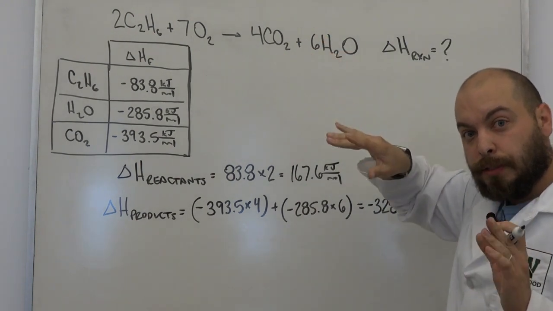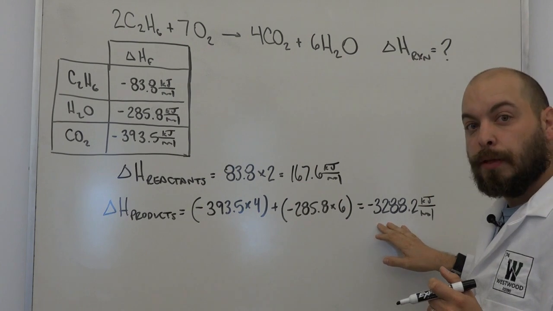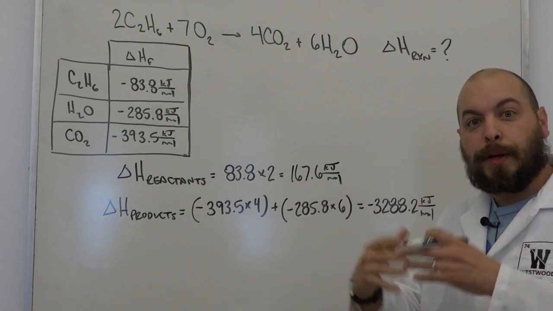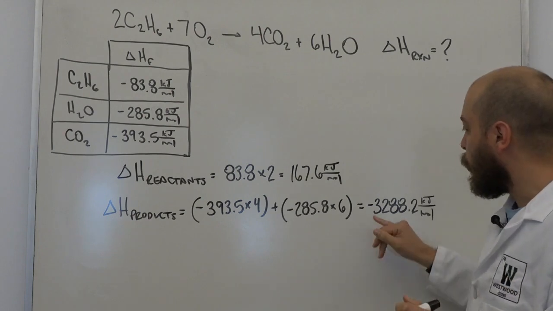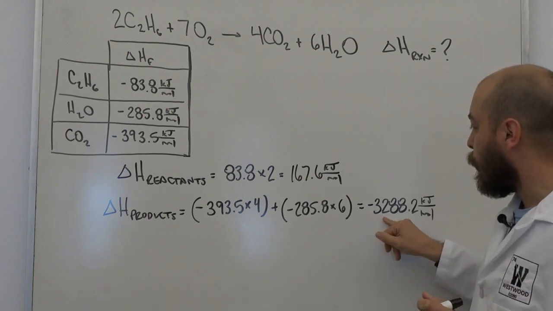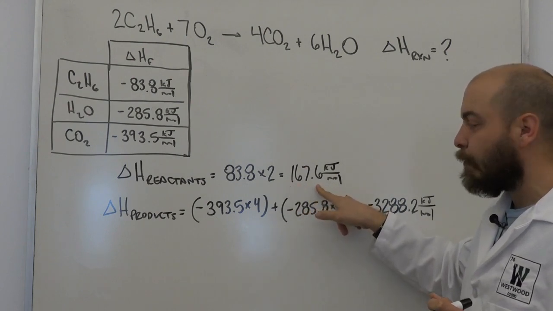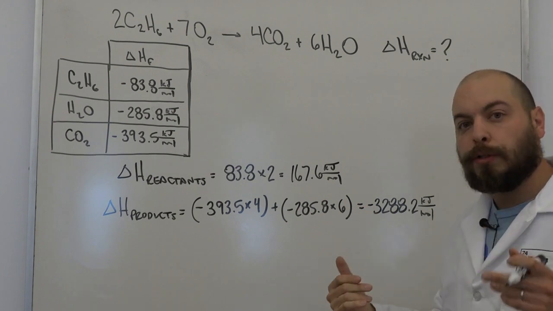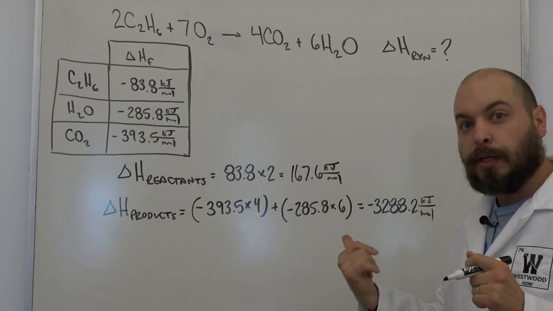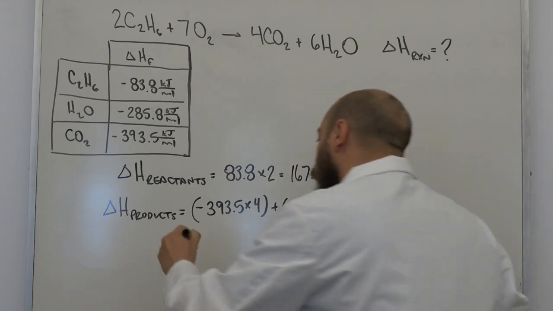The difference between them, in other words, having to put this in and getting this out, is going to tell me the delta H of my overall reaction. Okay? So in other words, we're going to take my negative 3,288.2 and my 167.6, and the difference between them, which is 3,121.2 kilojoules per mole, gives me the overall delta H of my reaction.